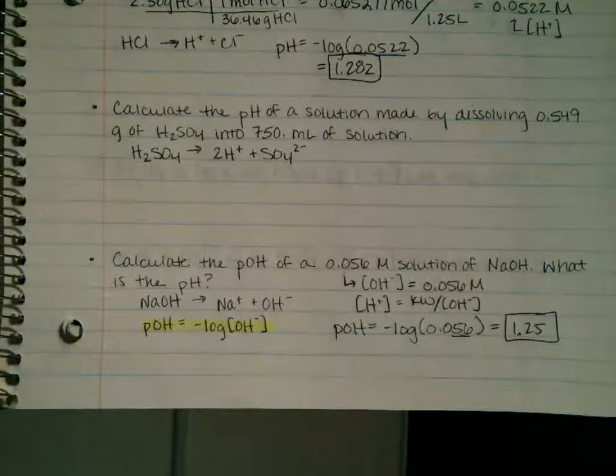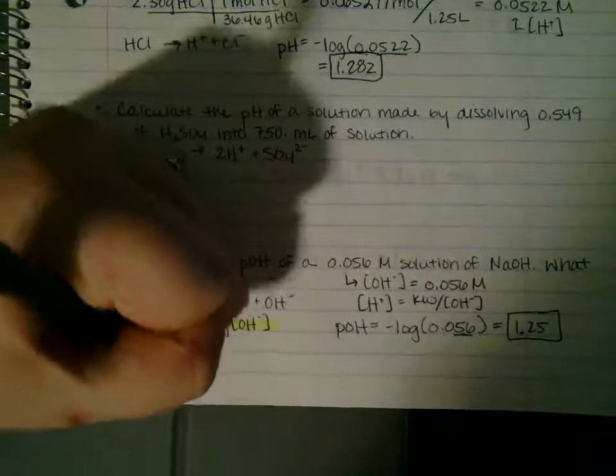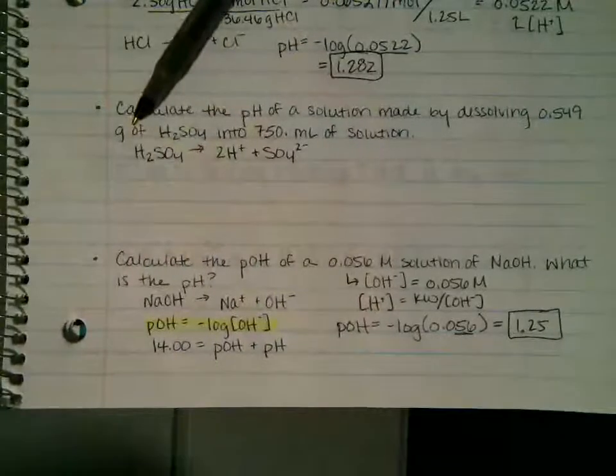Or you could make your life a little easier and just remember that 14.00 always equals the sum of your pOH and your pH.